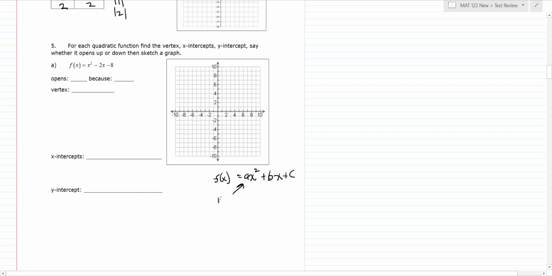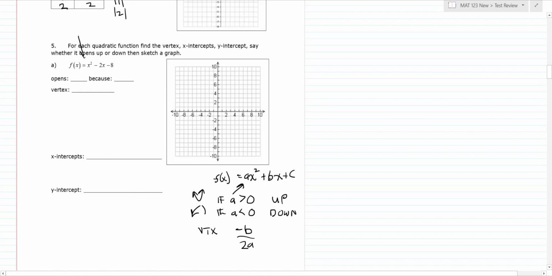If a is a positive number, its parabola goes up, so it would kind of look like that. If a was a negative number, then it would go down. And for the vertex, you use the formula negative b over 2a. So that's what we're going to do in this case.